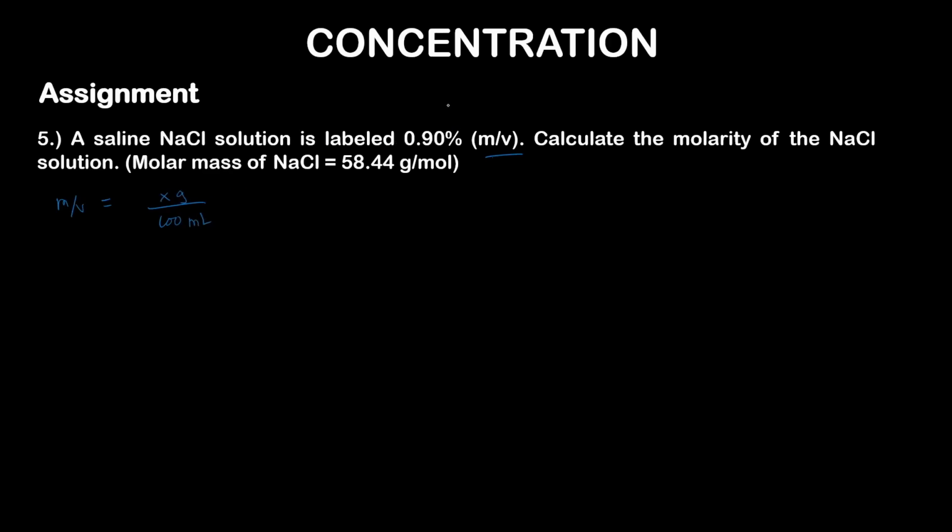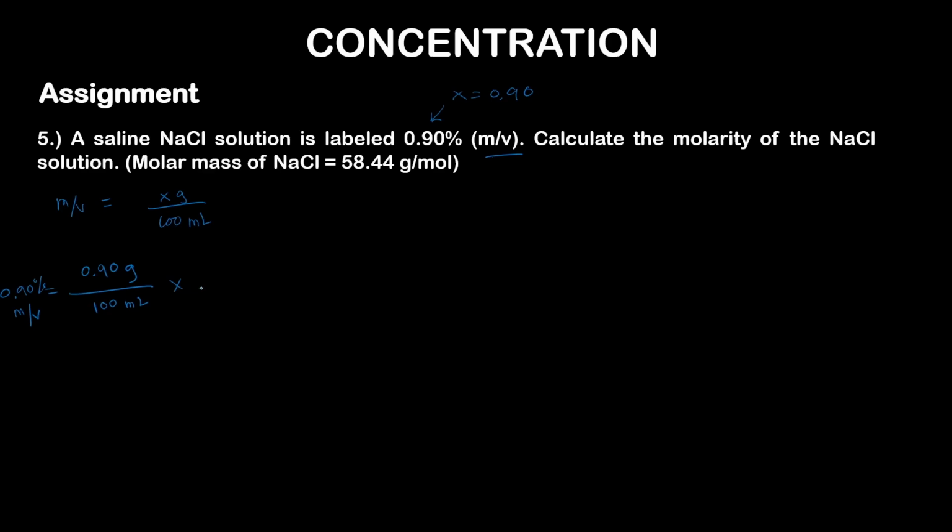Since this one is 0.90%, let's say X is 0.90. So we can say 0.90 grams per 100 ml. That is the same thing as saying 0.90% M over V.